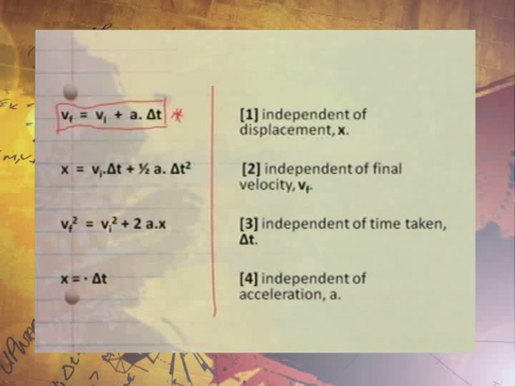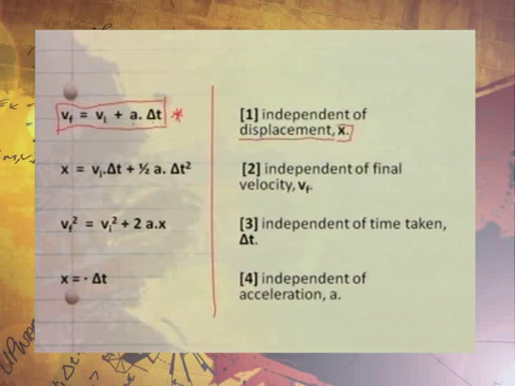And when you look at an equation like that, you would see that you've got final velocity, initial velocity, acceleration, and time. Now, what is missing here? This equation is independent of displacement. In other words, if you have a question based on motion and you are not given the displacement, and you are looking for another quantity which is not displacement, this is the equation to go for, because you can calculate that quantity.